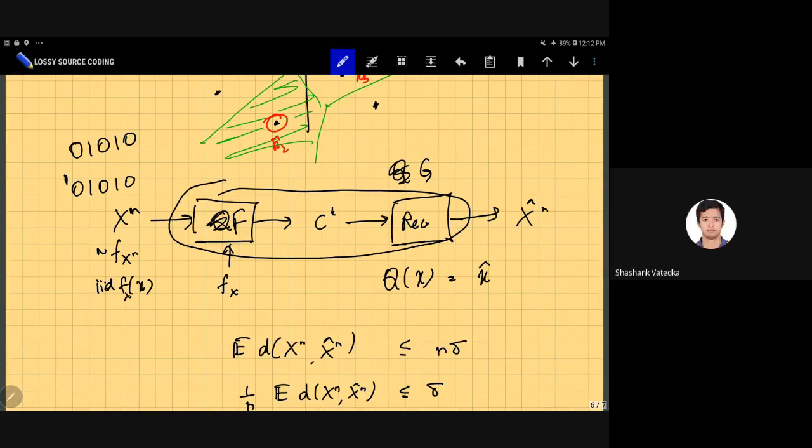Lossy compression is generally used for images and video, but not text, right? True. So what happens if we use lossy compression on text data?